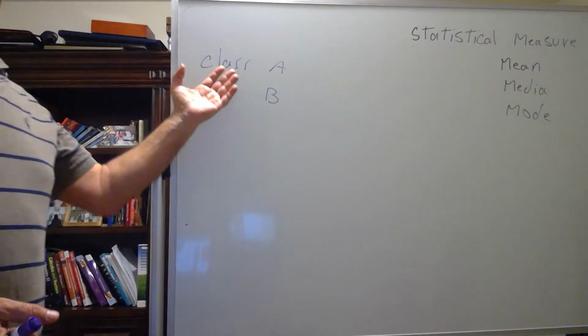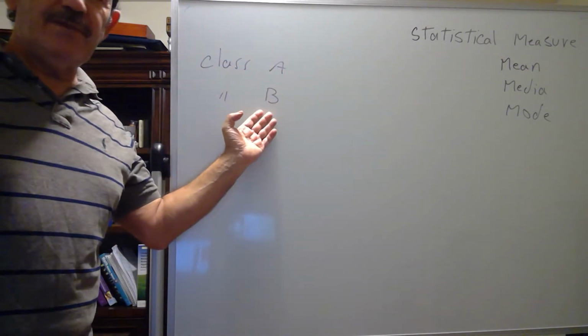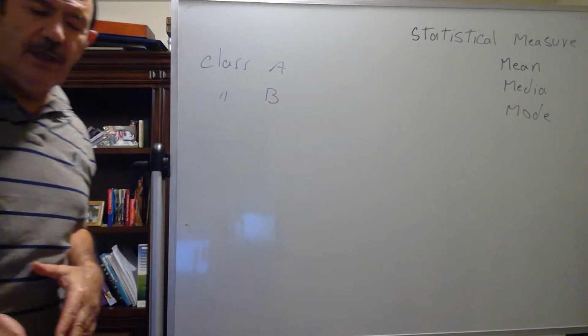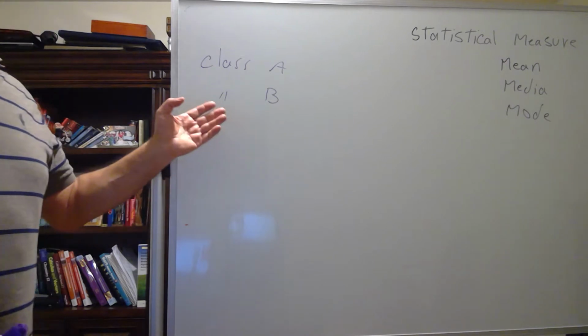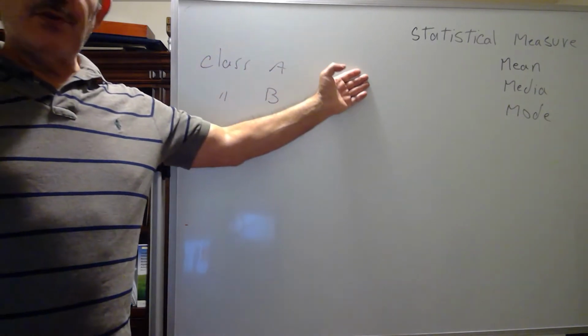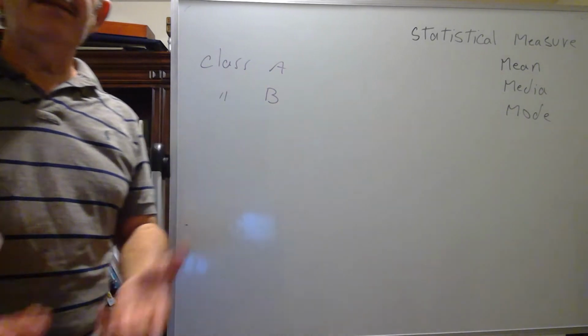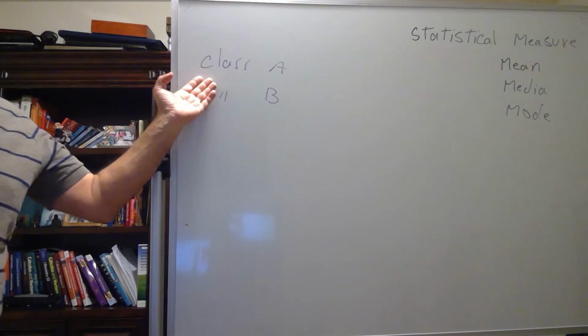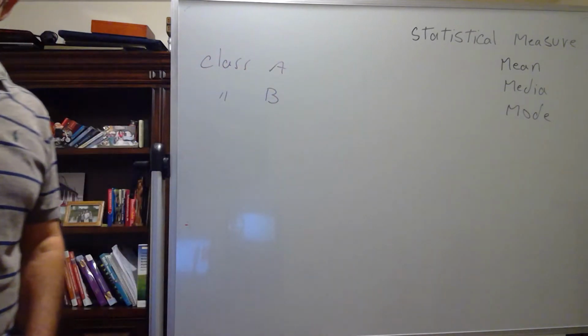If I compare the students of class A with the students of class B one by one, I cannot get any information with this method. If I say one student from class A is stronger than another student from class B, it doesn't give me anything, because maybe the other students from class A are not stronger than the other students from class B.